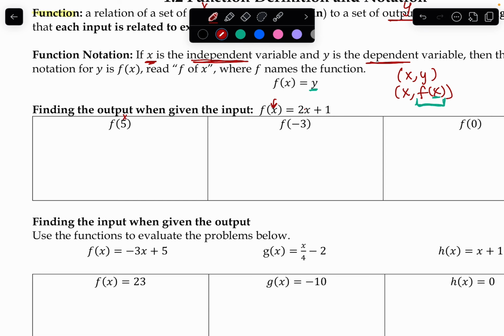For our rule, we replace the x variable with 5. Then 2 times 5 is 10, plus the 1 gives us 11 as our output. So f of 5 gives us an output of 11. If we put 5 into this machine, we're going to get 11 out of the machine.